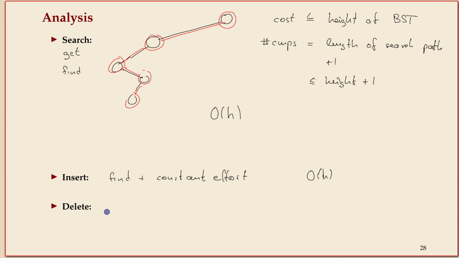And that's again bounded by the height of the tree because you can't go further down. So it's 2 times find, but they actually together are one path. And more constant effort because you rewire pointers and delete a node. But again, the effort is essentially bounded by the height.